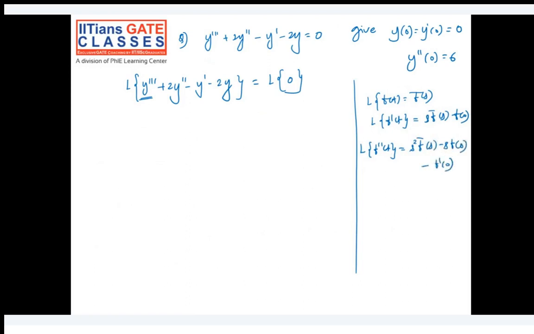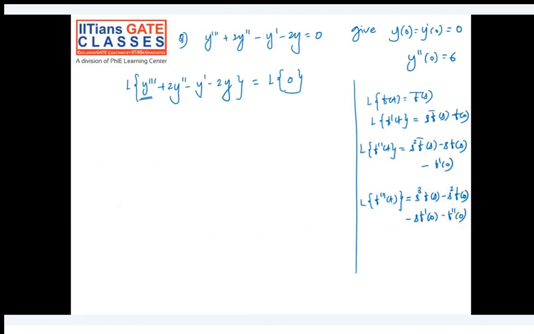And the Laplace transform of f triple dash of t is s cube f bar of s minus s square f of 0 minus s f dash of 0 minus f double dash of 0. So you have to use this formula.